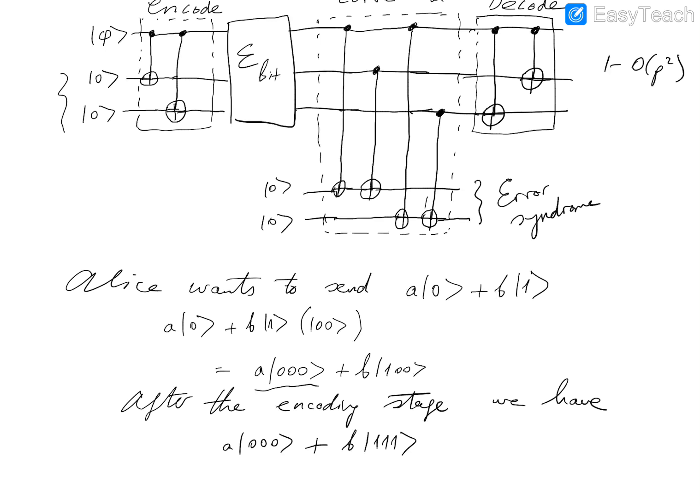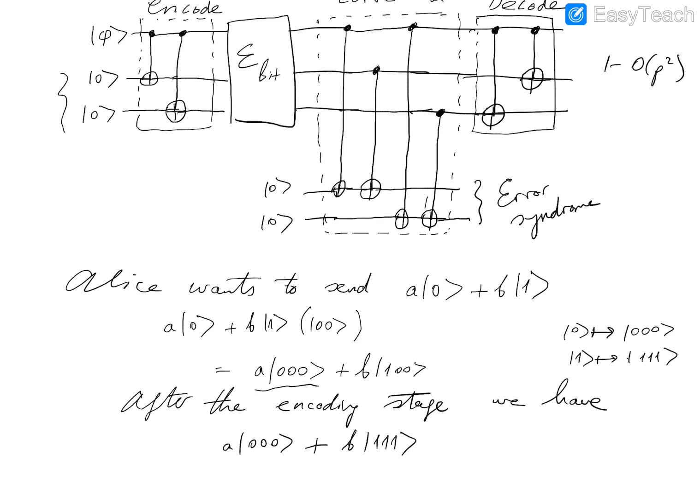So essentially, ket 0 is encoded by the logical 3-qubit state 0,0,0, and ket 1 is mapped to the encoded state 1,1,1.